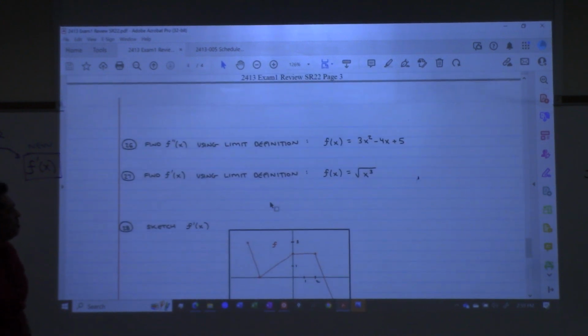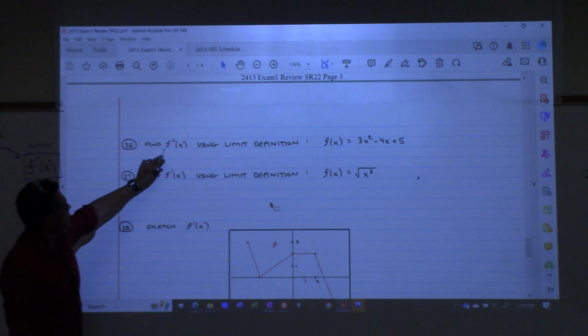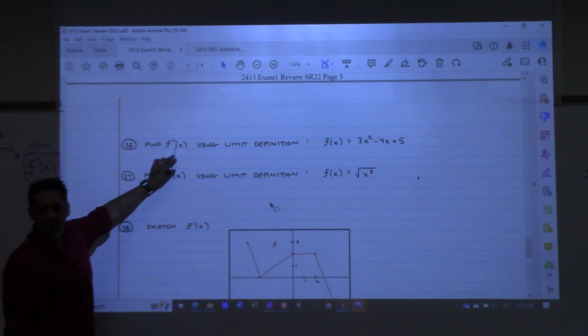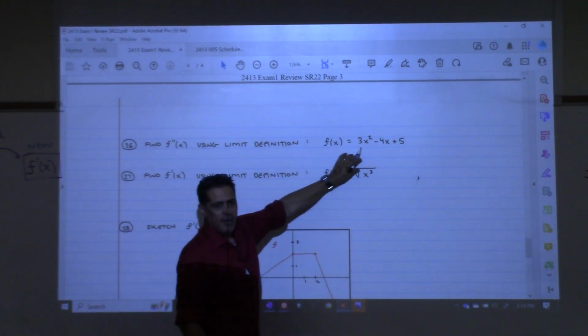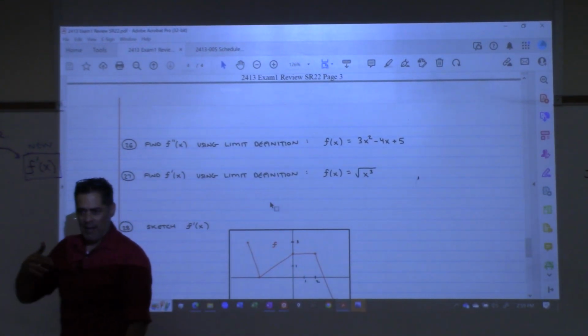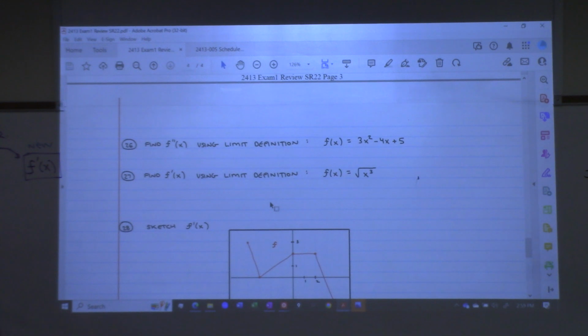Look at 26 and 27. Mostly number 26. What am I asking for in 26? The second derivative. That means you have to take the derivative of this, and then after you get that answer, you have to do it again.